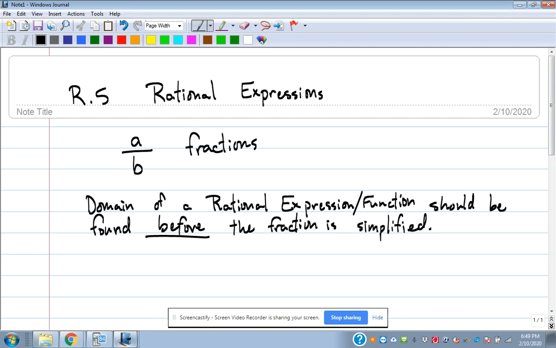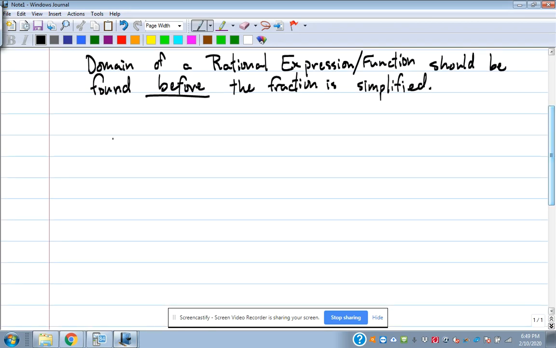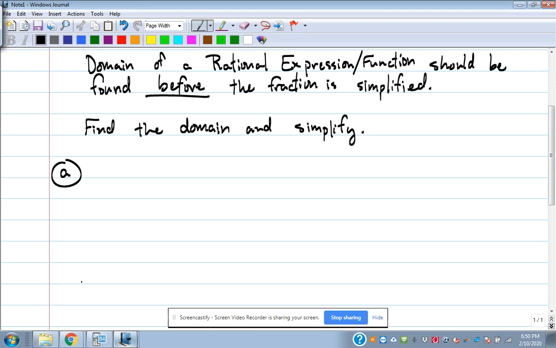So let's look at a function or an expression first. So we're going to find the domain and simplify. First example is going to be factored for us already. Okay, so when we were going to find the domain, the red flags were square roots or x's in the denominator.